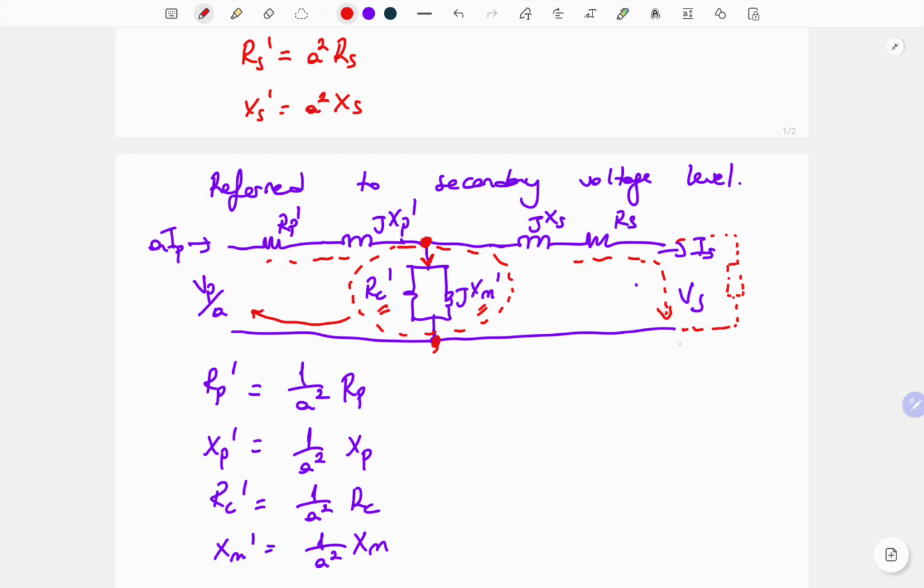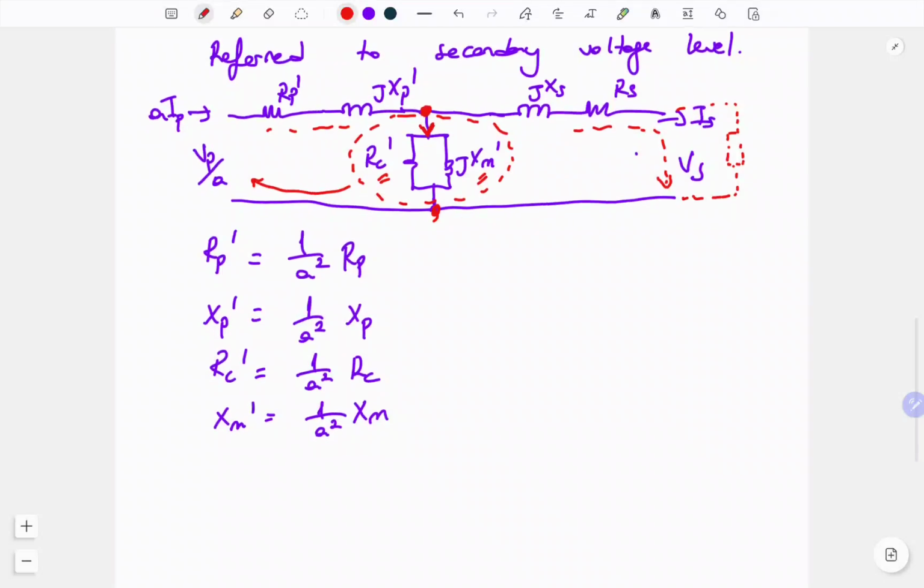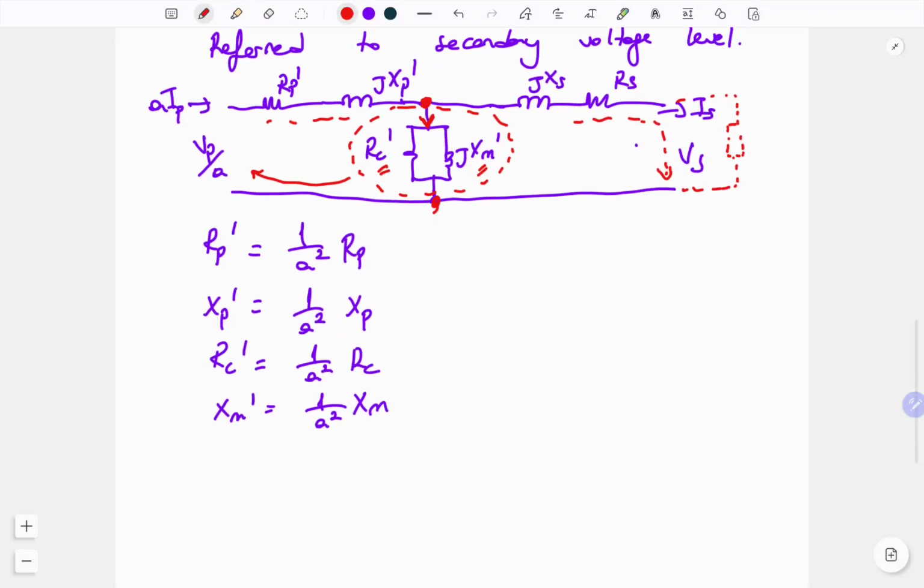First of all, we have a big series connection of Rp, Xp, Xs, Rs and the load. Then it will be connected in parallel with the excitation branch. So by using the smaller current in the excitation branch, let's obtain the approximate equivalent circuit.